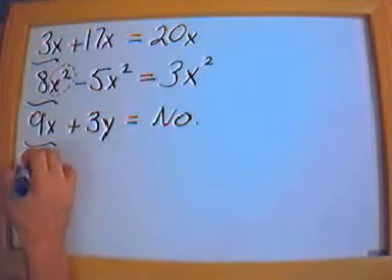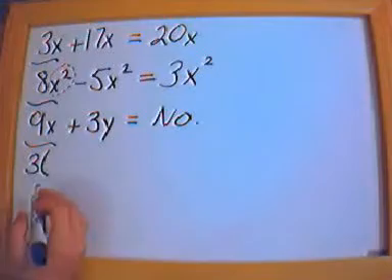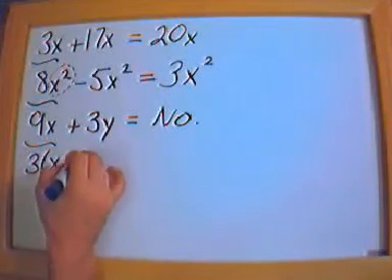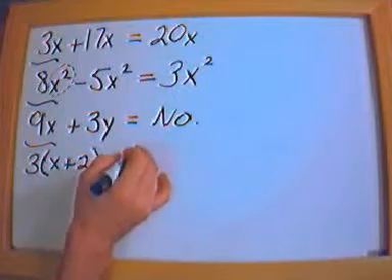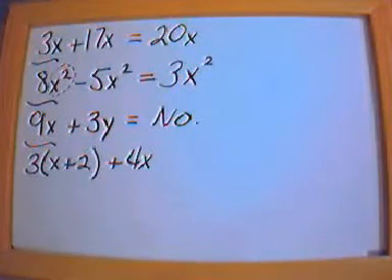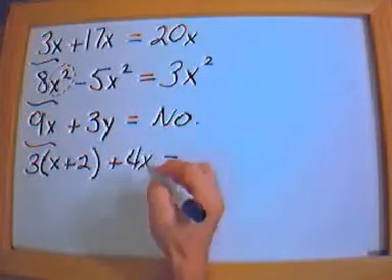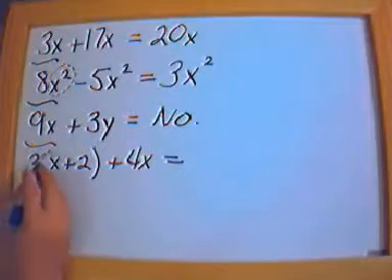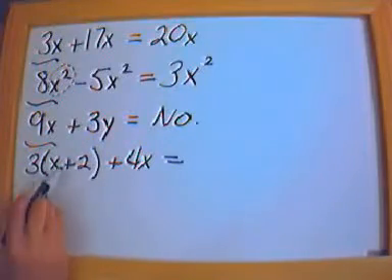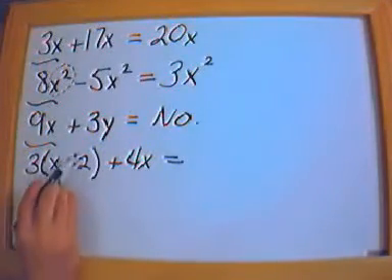Let's say you had something like 3 parentheses x plus 2 close parentheses plus 4x. Well, this is a good example to use the distributive property. Let's go ahead and work on simplifying this. This is 3 times, and the parentheses tells you this 3 is going to be multiplied times the entire contents here.